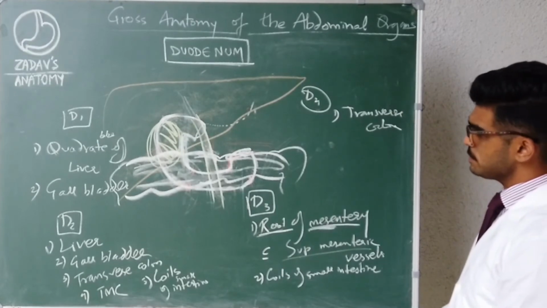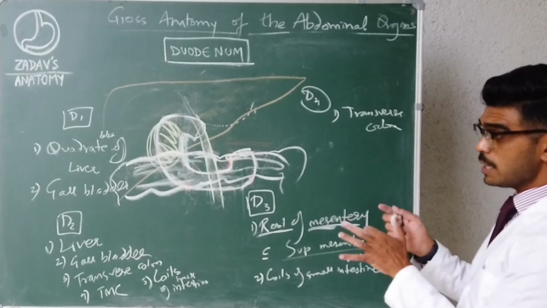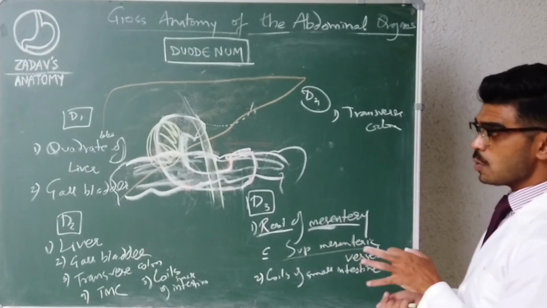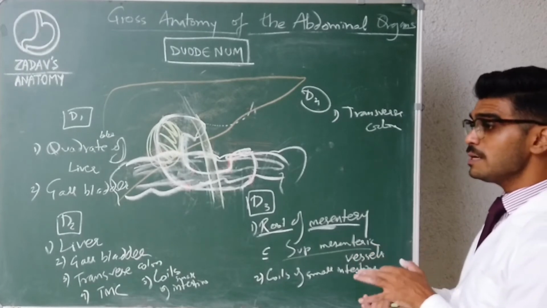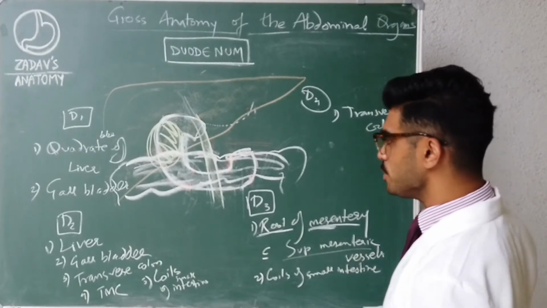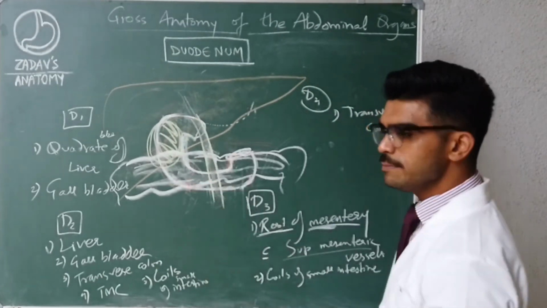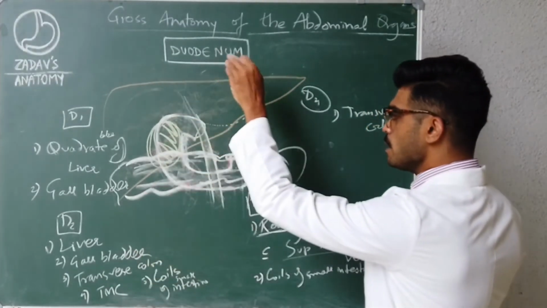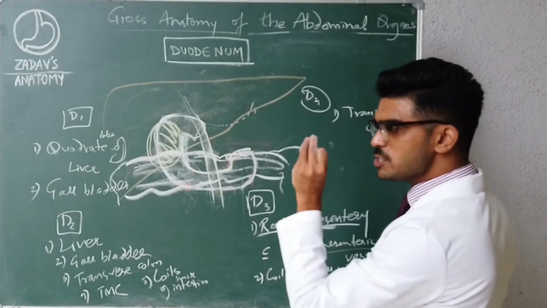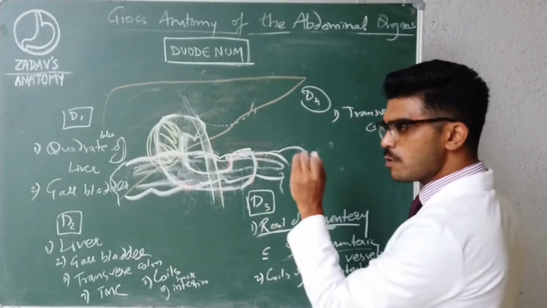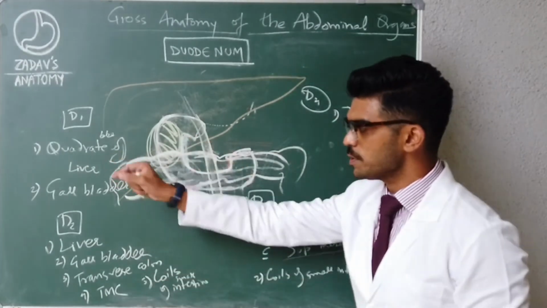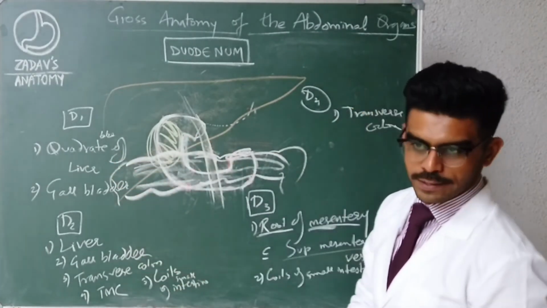Alright? So, now that we are done with all the relations, we're going to quickly talk once again about the posterior and anterior relations of every part. Okay? So, first part of duodenum, the posterior relations are the common bile duct, the gastroduodenal artery, the portal vein. The first part, anterior relations are the quadrate lobe of the liver and the gallbladder.